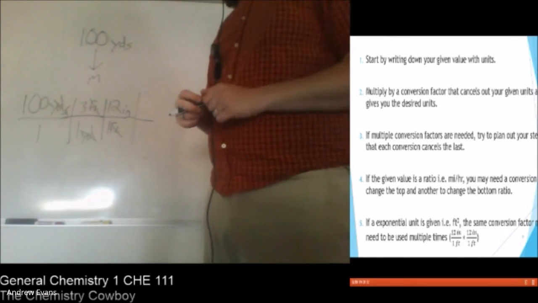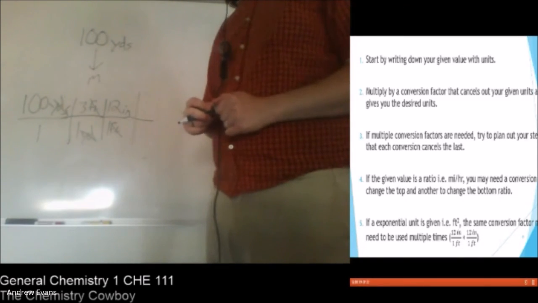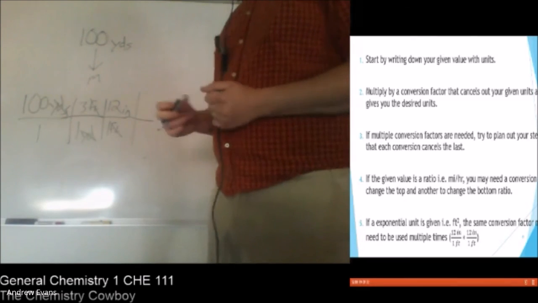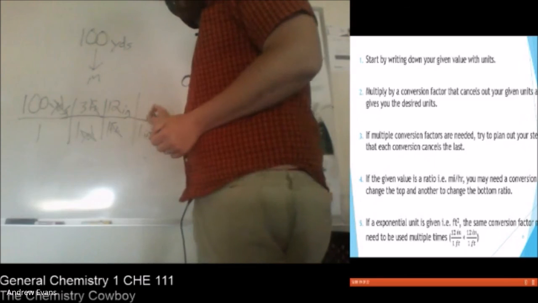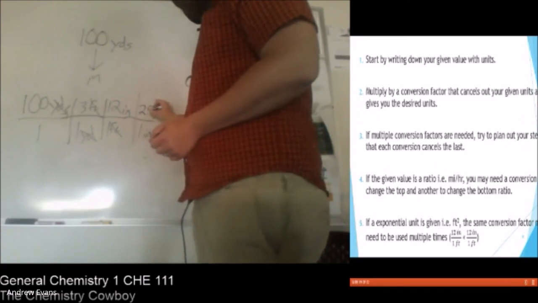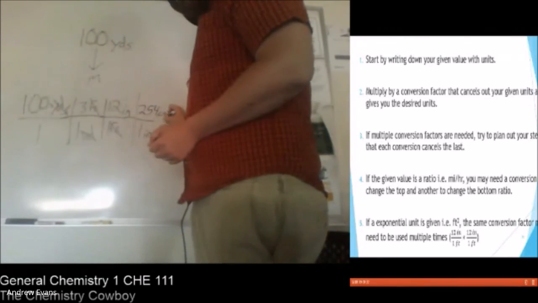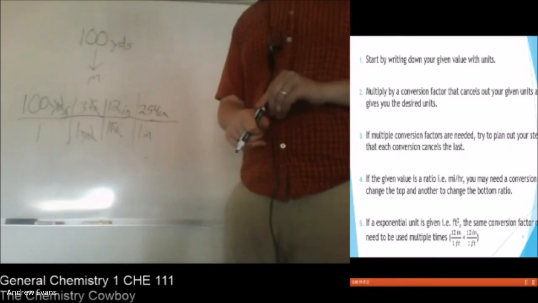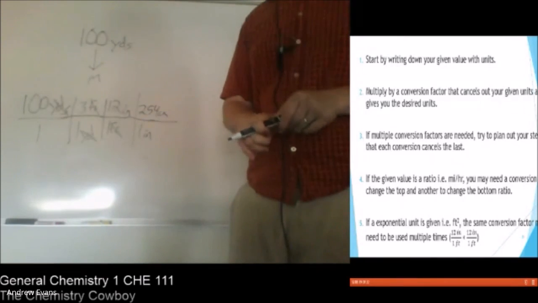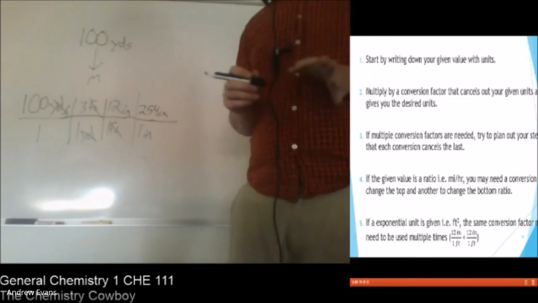This is something that's stuck in my head. I'm crazy for it, but it's helpful for me. In 1 inch, there is exactly 2.54 centimeters. Once again, this is not something I expect you to have memorized. It's just something I have done so many times, it's there.